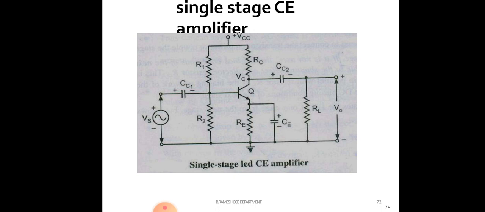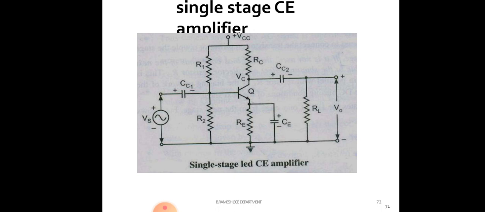If that capacitor is not present, you get both AC and DC components in the output signal, and we should not get the DC signal. If you connect the coupling capacitor, it attenuates the DC component and allows the AC signal, so we get only the AC signal output. That is the purpose of the C2 capacitor.